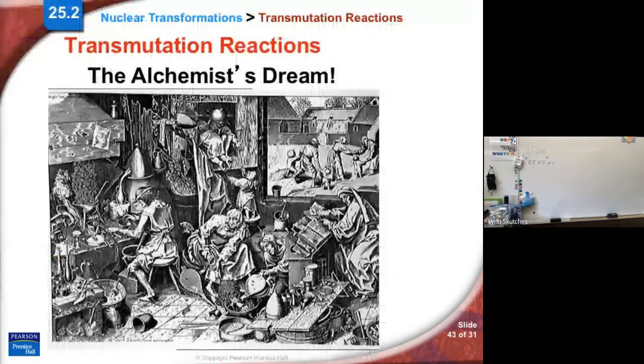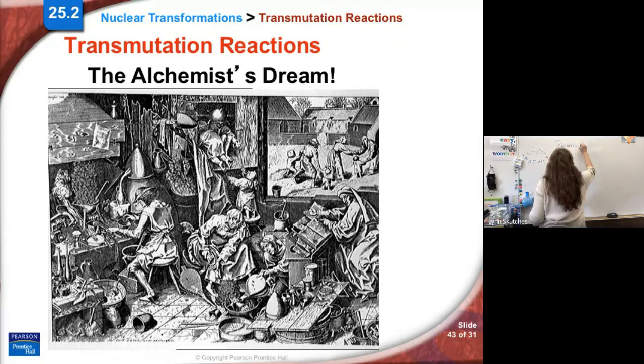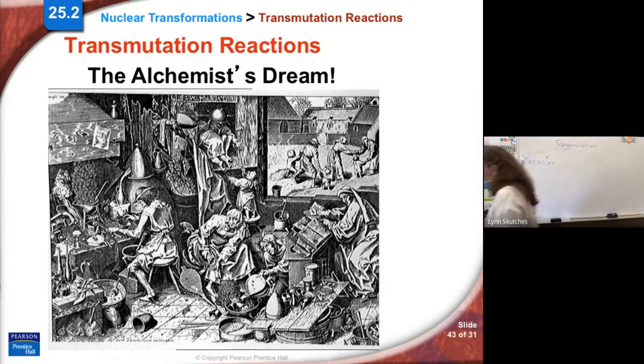All right. The other topic today is transmutation. I think we'll get this done. Transmutation. So trans has to do with changing. Mutate also has to do with changing. Transmutation is what the alchemists wanted to do. We want to change one element that's not valuable into another element that is.